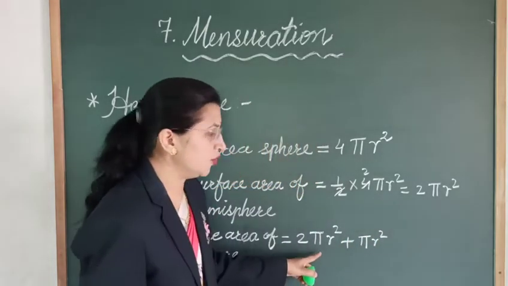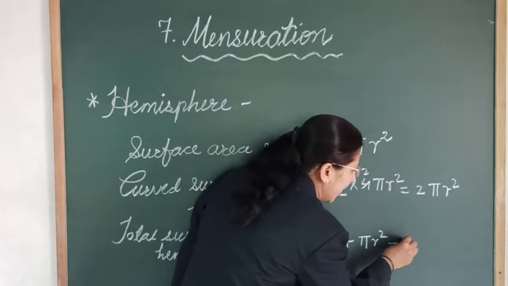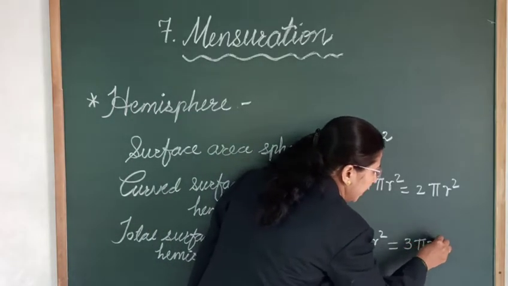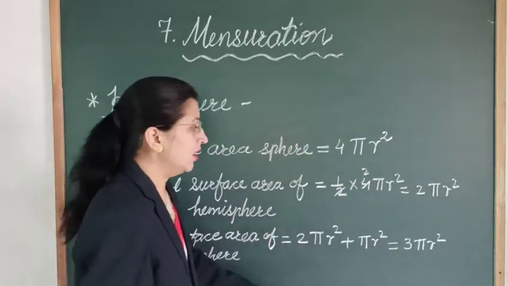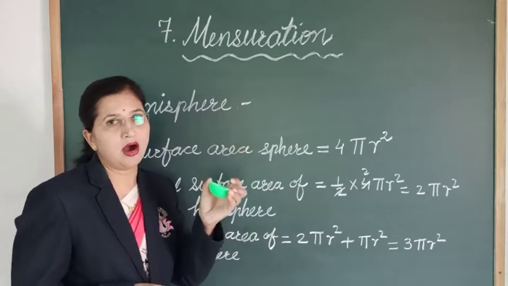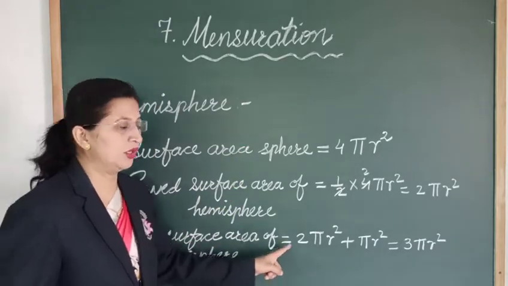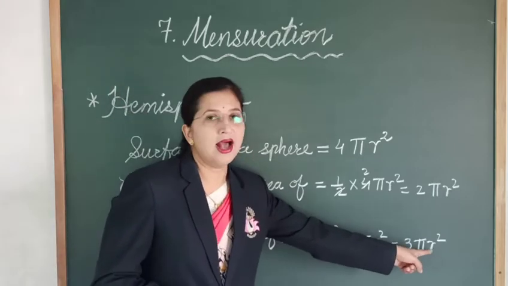So 2 pi r square plus pi r square gives 3 pi r square. This is the formula for the total surface area of hemisphere: total surface area of hemisphere is equal to 3 pi r square.